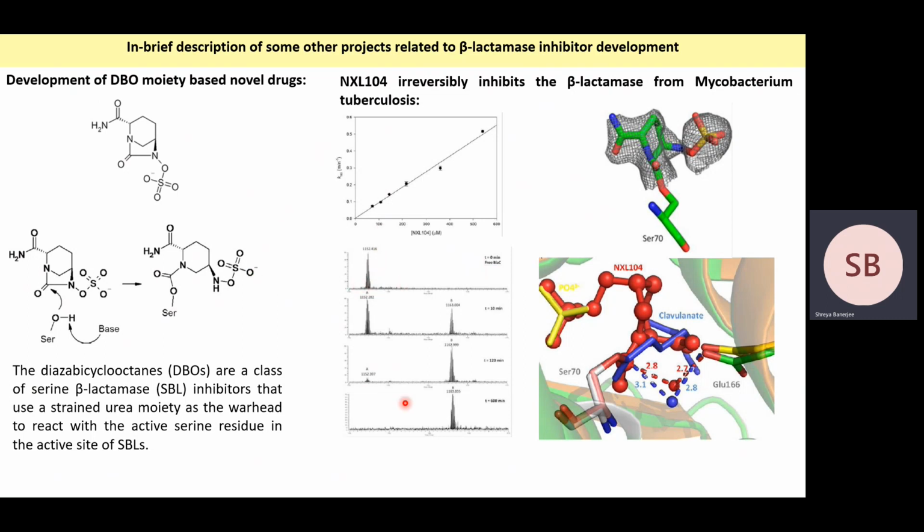And as you eventually go to t equal to 600 minutes, the activity of the beta-lactamase reduces till it becomes nil, and a new peak appears for the DBO-serine complex. So DBO can also be used as drugs for beta-lactamase inhibition.